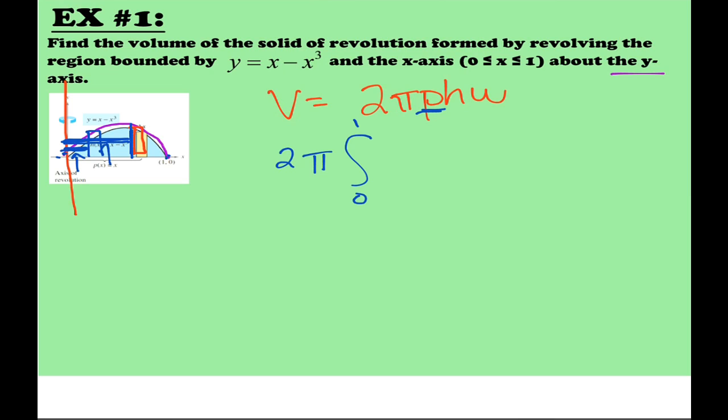Here and here. Doesn't that just correspond to where I am on the x? Right? So if I'm over 7, then the distance is going to be 7. If I'm only over 2, then my distance is only going to be 2. So the distance from my axis of revolution to wherever my rectangles are should be just whatever the x value is. Okay, so p represents x.